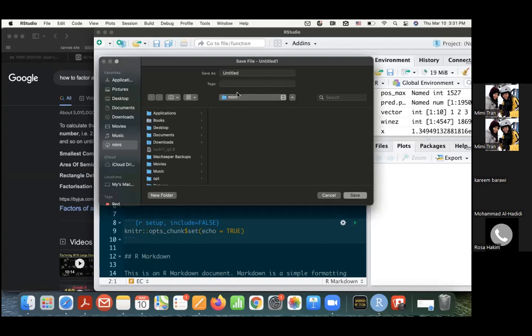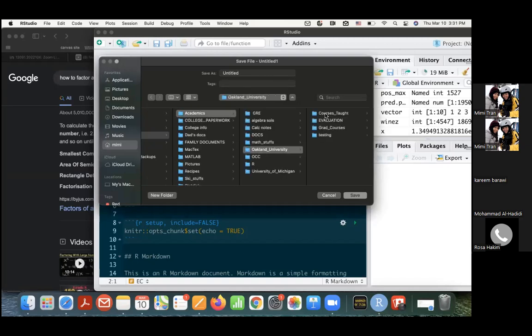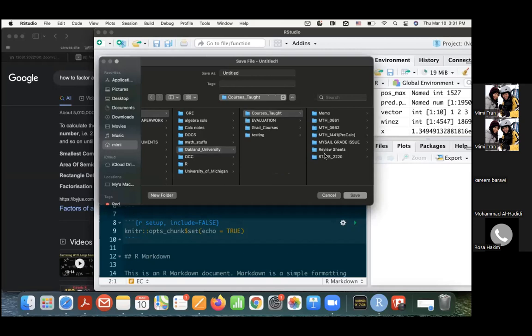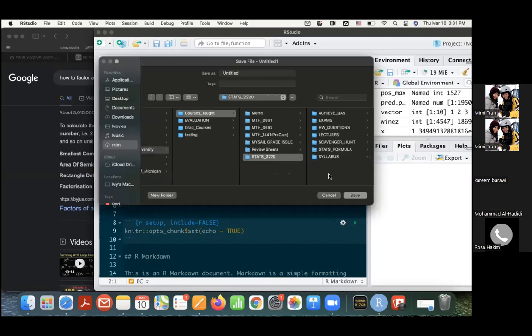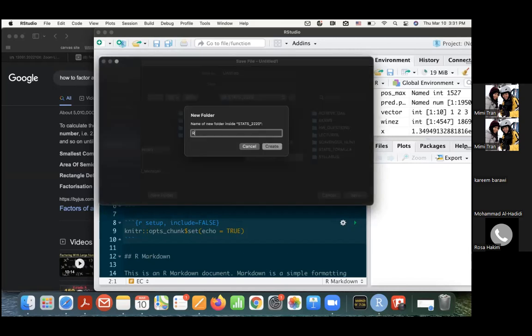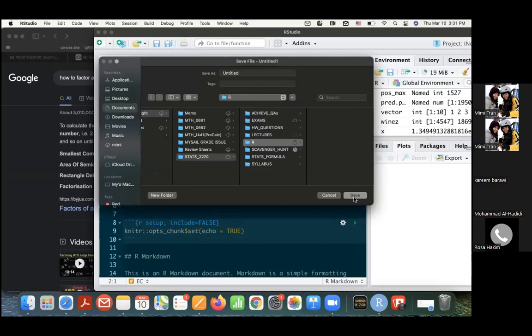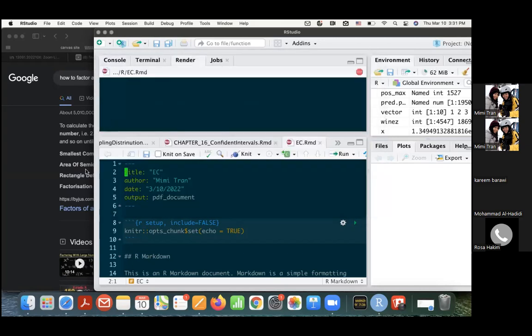So for me, it's document academic OU STAT 2220. And then I'm gonna make a folder here. I'm gonna call it R. You can call it anything you want. And then say save as EC credit. Any name you want, just no space.